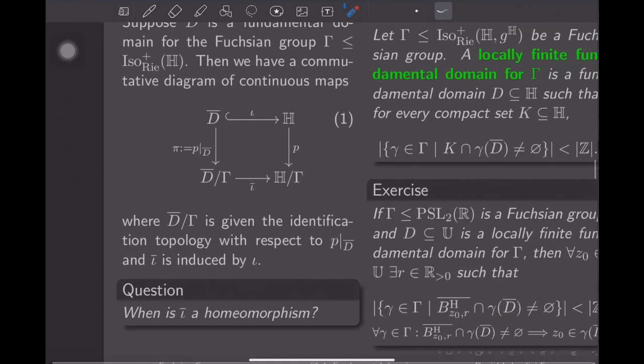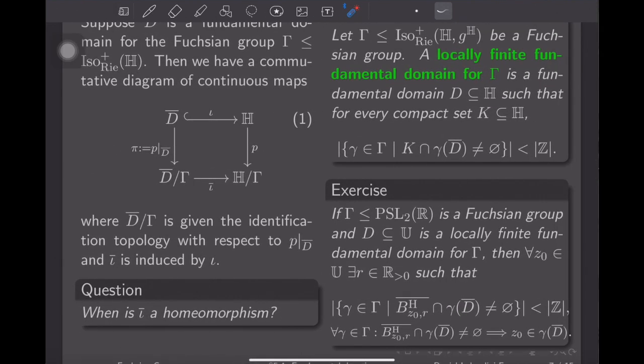and then I have this obvious continuous map, which I would say is actually bijective. I would say that this is always bijective, and that is not hard to prove. And the question is, when is it a homeomorphism, right?